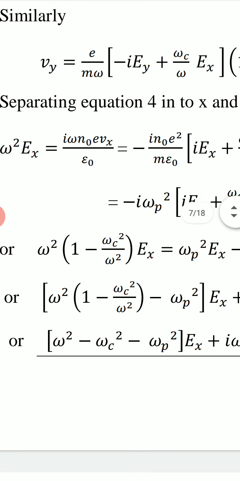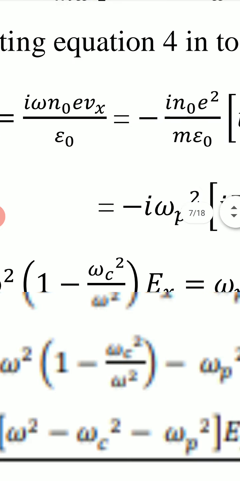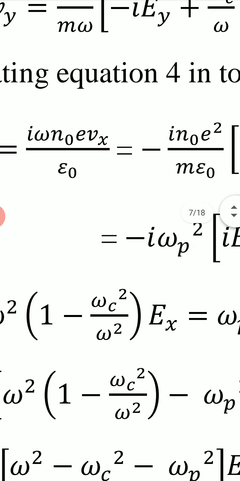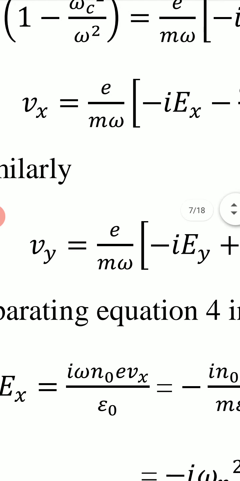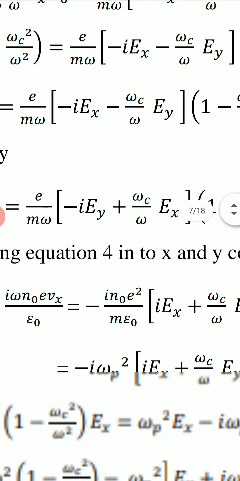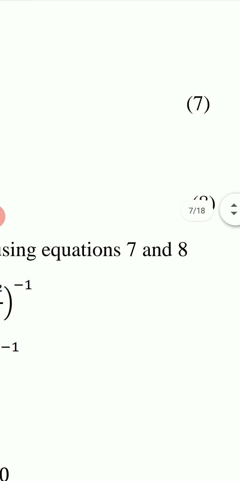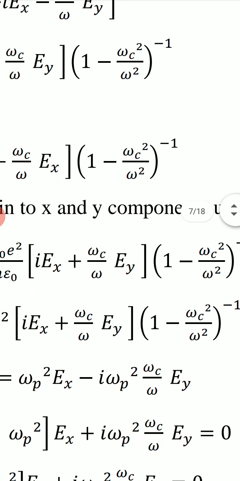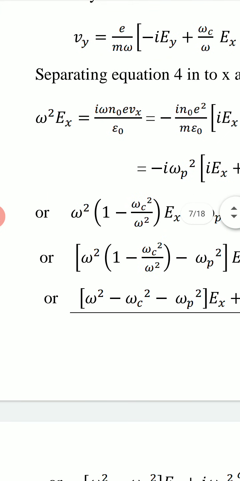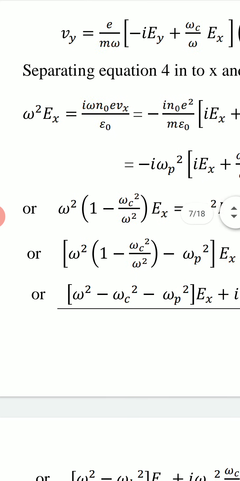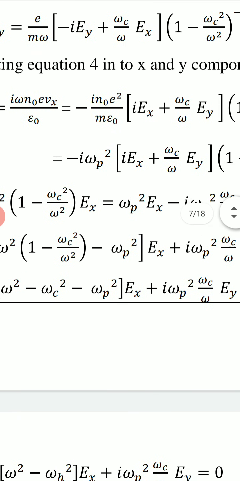It is obtained if we put the value of Vx in the right hand side from this relation 7. So the x component of equation 4 gives omega square Ex equal to this thing.